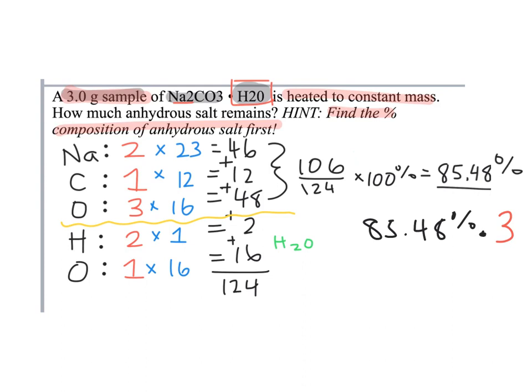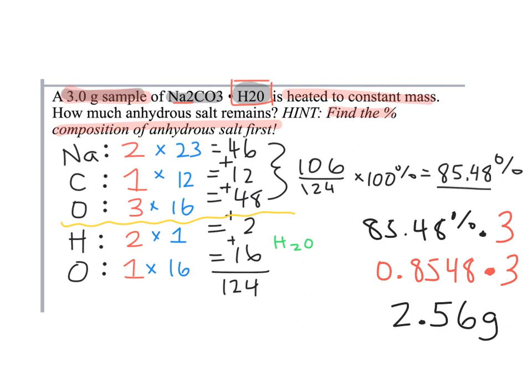And when you multiply by a percent, typically you actually want to leave it in the decimal format. So this would actually be 0.8548 times 3. Overall, what this calculation is going to give us is this value, which is 2.56 grams.